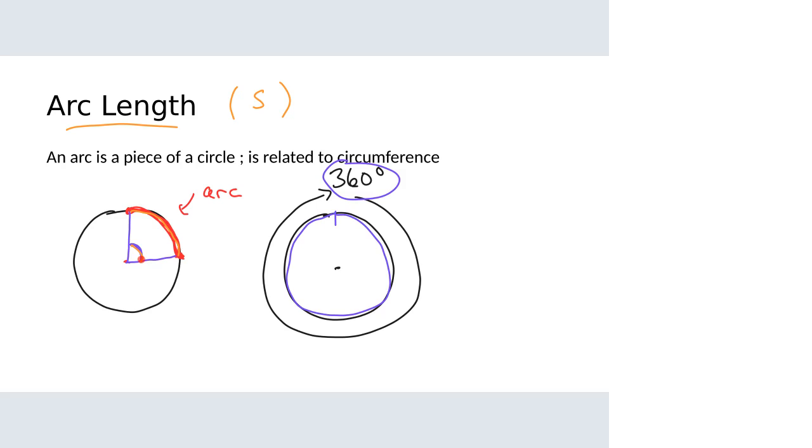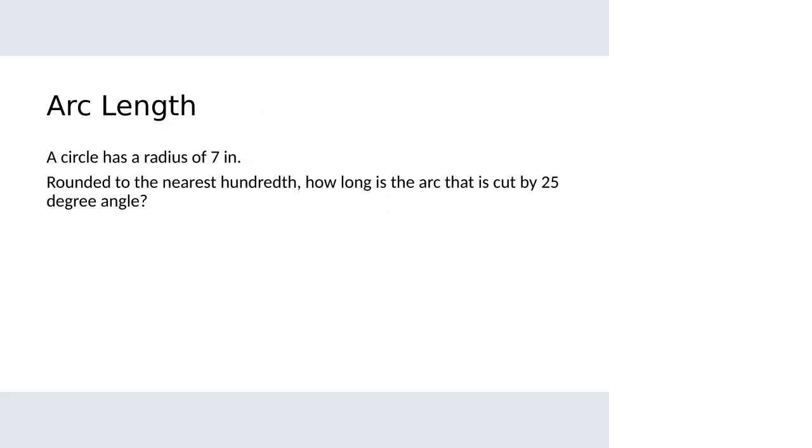Let's look at an example of finding the arc length. A circle has a radius of 7 inches. Rounded to the nearest hundredth, how long is the arc that is cut by a 25-degree angle? You don't have to draw a picture here, but I kind of like to. We've got this circle, and we're told that the radius is 7 inches.